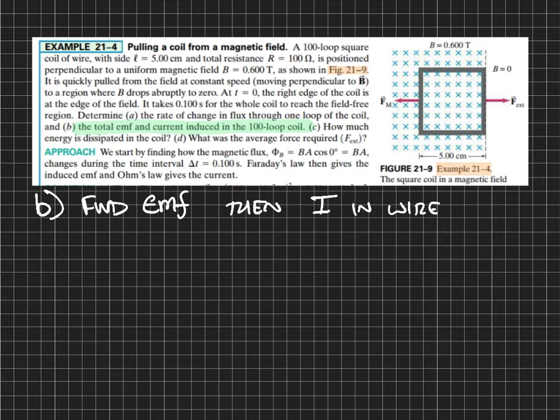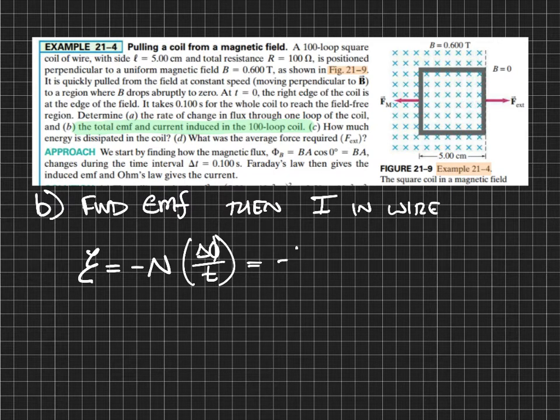To find the EMF, we're going to use Faraday's law, where EMF is equal to negative N, which is my number of loops, times that rate of change, our change in flux over time, which we already found earlier. So we're simply going to multiply that by 100.